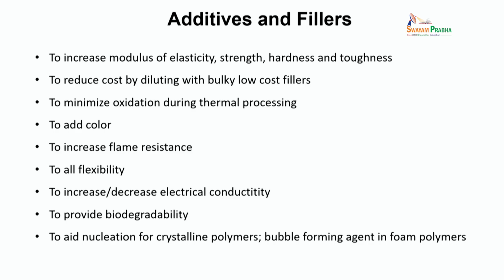Many times we also add additives or fillers to prevent oxidative degradation. When we think about a plastic product, you want the user to use it as long as possible. When you sell a plastic product, we don't sell it thinking that it should degrade after some time, in the current setting at least. Oxidation is a very common phenomenon by which polymers degrade. If you have ever bought a silicone case for your mobile phone, transparent and glassy, after some time you will see it become very yellowish.